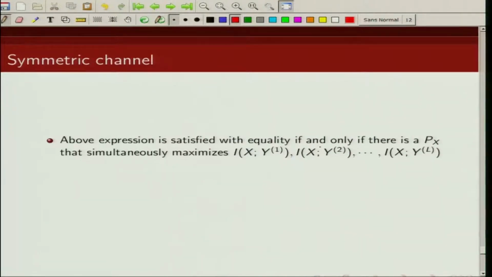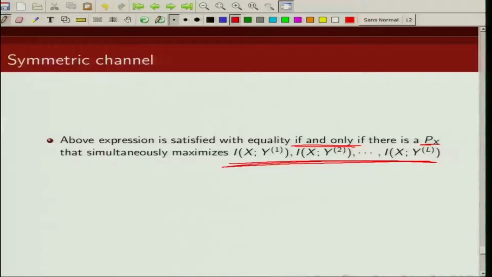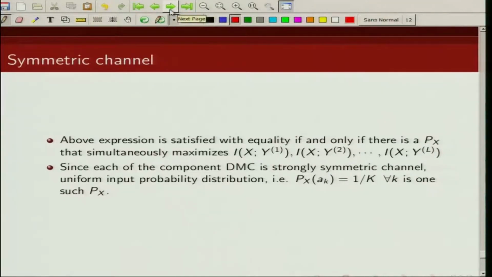So the above expression, as I said, is satisfied with equality if and only if there exists an input distribution that simultaneously maximizes the mutual information of each of these individual channels, and we know it is the uniform distribution that will maximize this. Why? Because each of these individual discrete memoryless channels is a strongly symmetric channel. So it is the uniform input distribution that will simultaneously maximize the mutual information of each of these discrete memoryless channels.